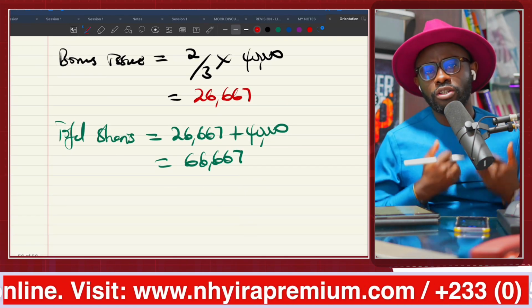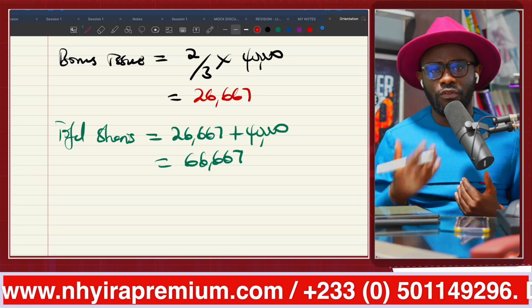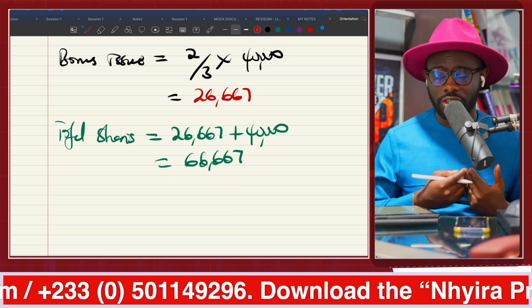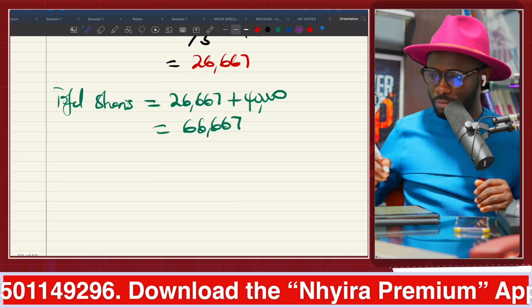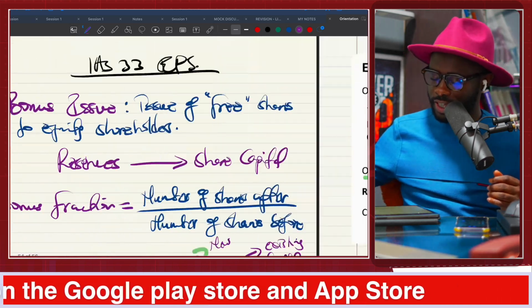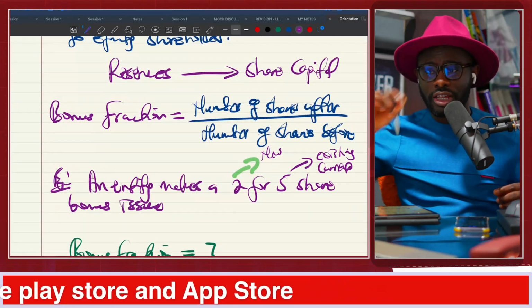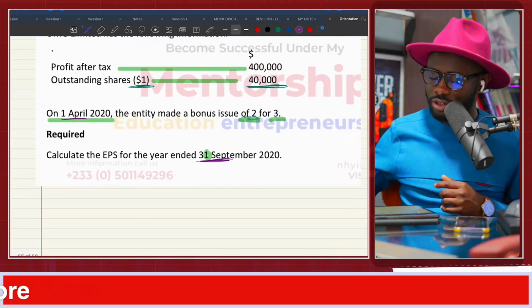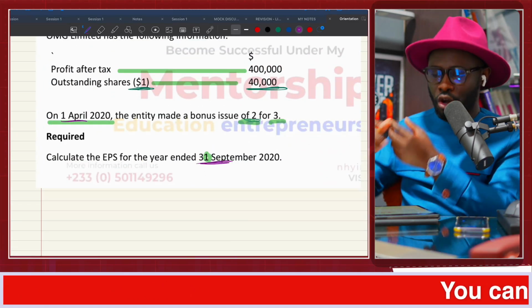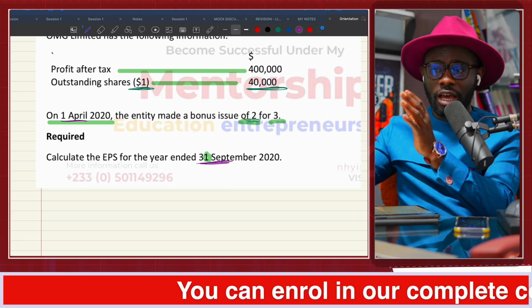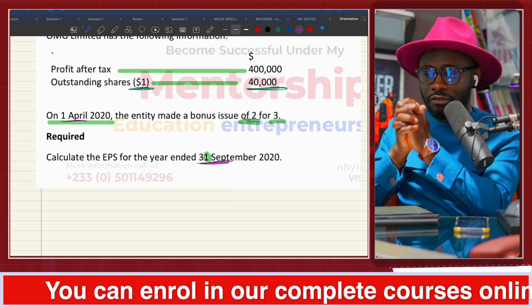Now, because it's a bonus issue, before we can calculate the weighted average number of equity shares, we need to calculate the bonus fraction. If you remember, the bonus fraction is the number of shares after the issue divided by the number of shares before the issue. Since the issue was 2 for 3, after the issue you now have 5.